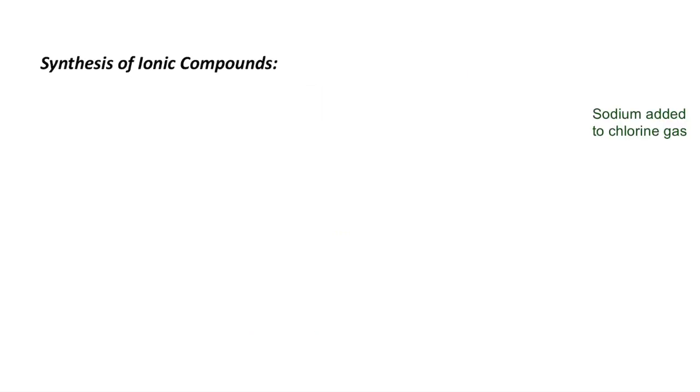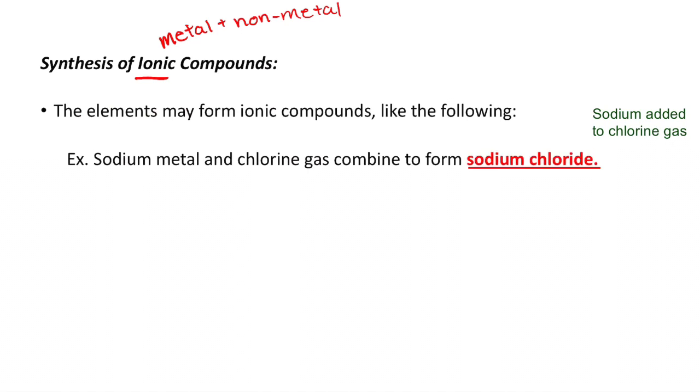Okay, so synthesis of ionic compounds. Synthesis reactions may form ionic compounds, and remember that an ionic compound is a metal plus a nonmetal. So these 2 things are combining together.